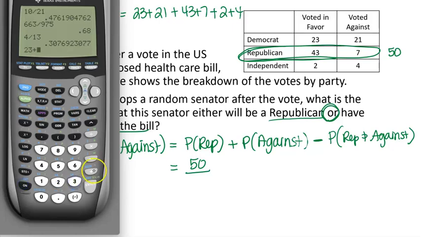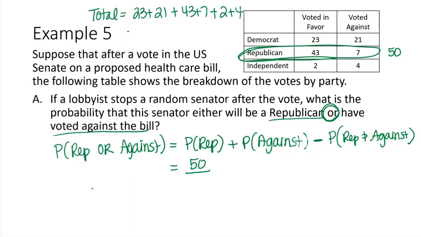So 23 plus 21 plus 43 plus 7 plus 2 plus 4. There are 100 people accounted for in this total. So that means there were 50 out of 100 Republicans. 50 Republicans out of 100 total.